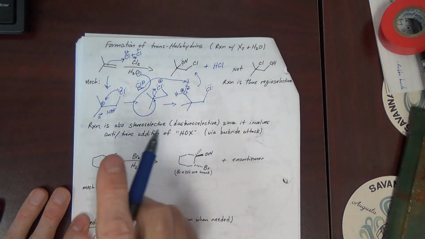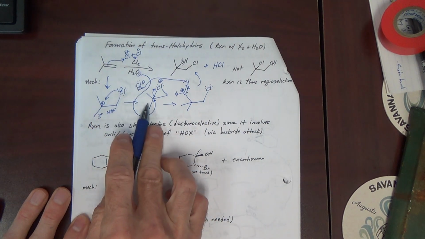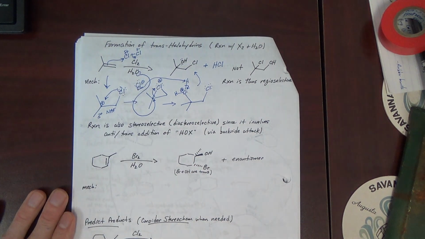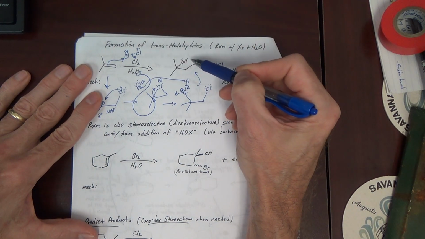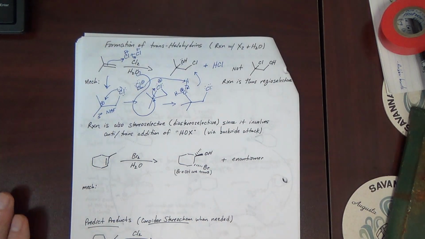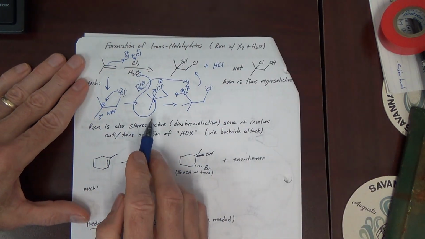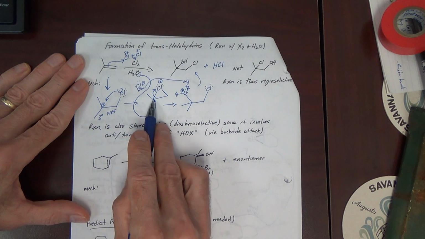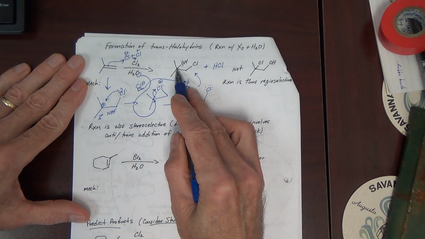So the only difference here is water is included, and it acts as the nucleophile instead of the other halogen. This gives us an OH in the product. That's called a halohydrin product. Now, why does the water attack here? That is, why does the OH end up bonded here?